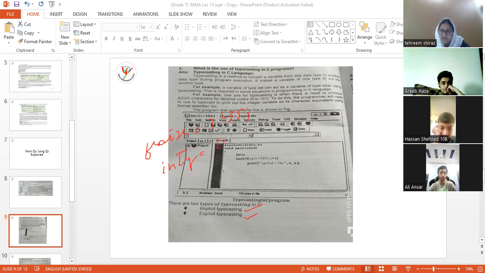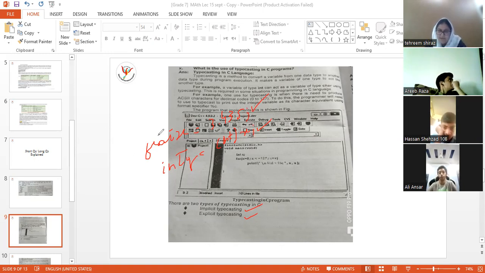int y = (int) x. Now what is he doing? He wants to convert this float variable into integer type, right? How will he do it and how will the system take this?